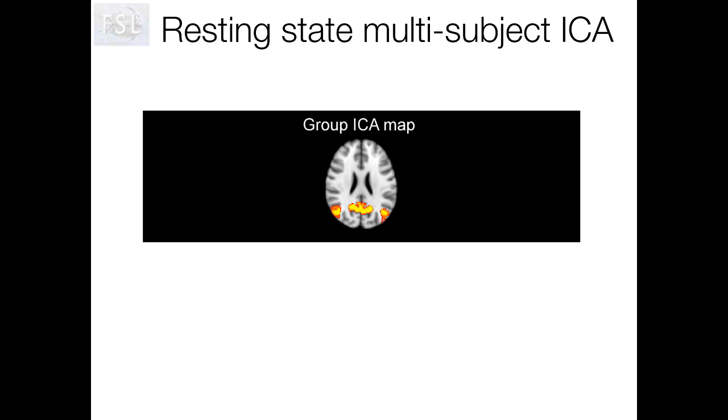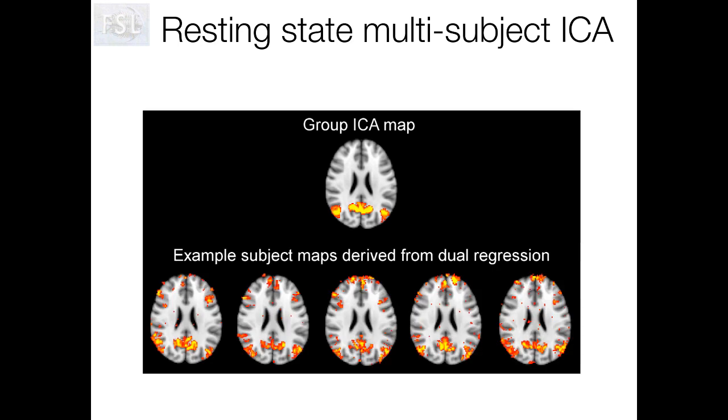We essentially use dual regression to take a group-level component or network like this and to estimate the subject-specific contributions, which tell us how strongly that group-level network is present in each subject. Conversely, we could look at it as showing us how much the data from each subject contributed to the group-level component in the ICA decomposition.